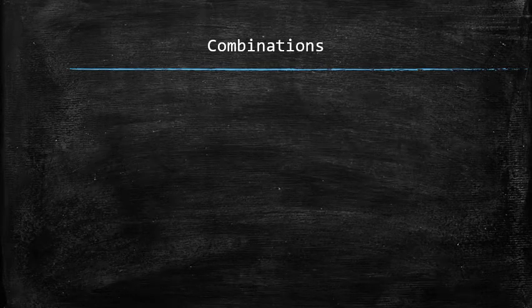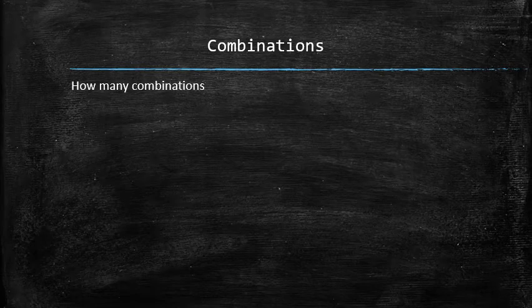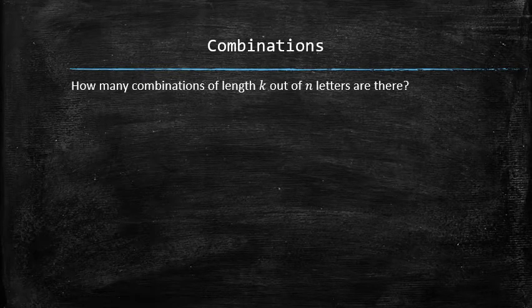In any way, we want to find out how many combinations of length k out of n letters there are. Let's denote this unknown quantity as nCk. Based on the fact that the number of permutations of length k is k factorial times larger than the number of combinations of length k, we obtain the following formula.